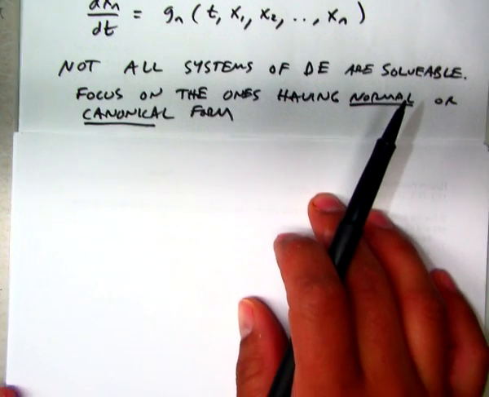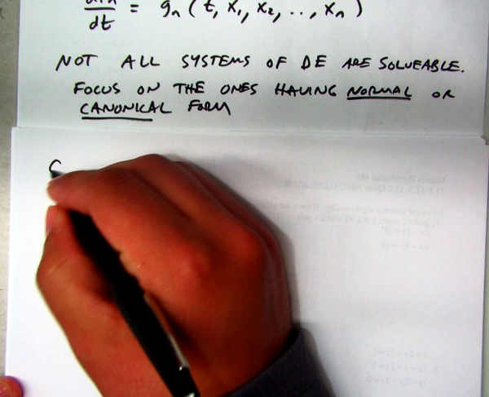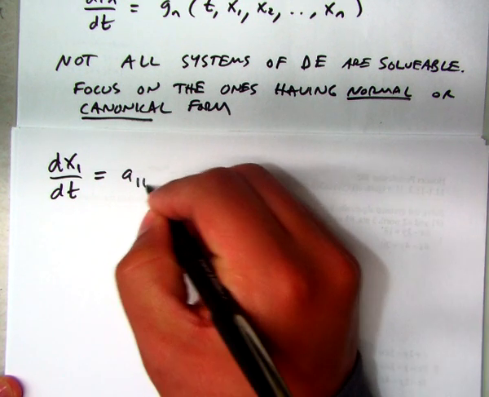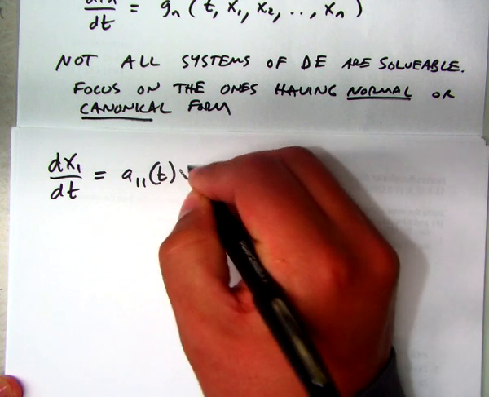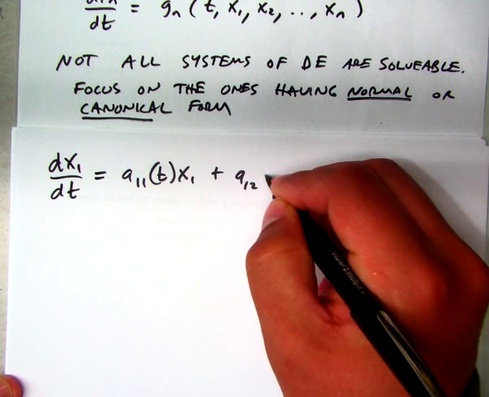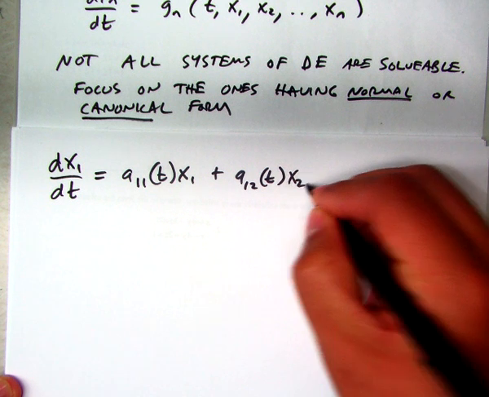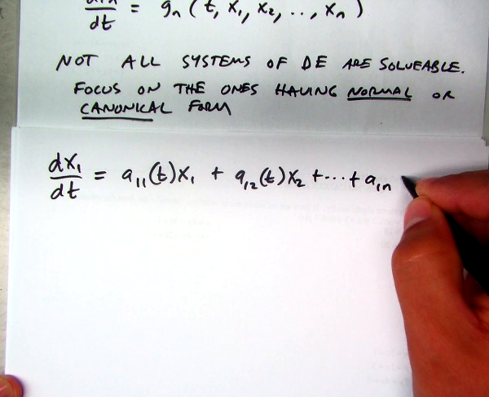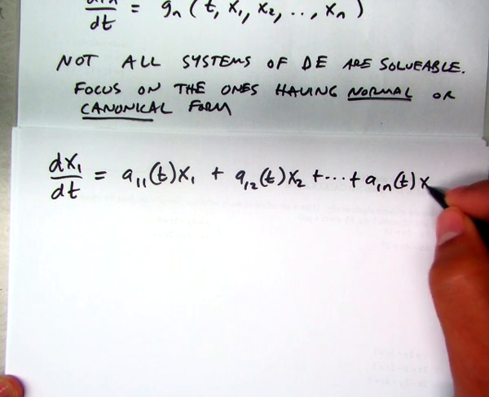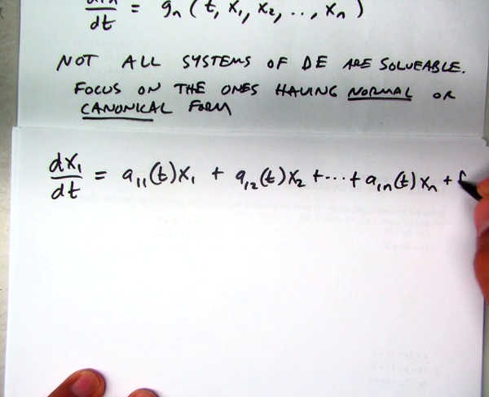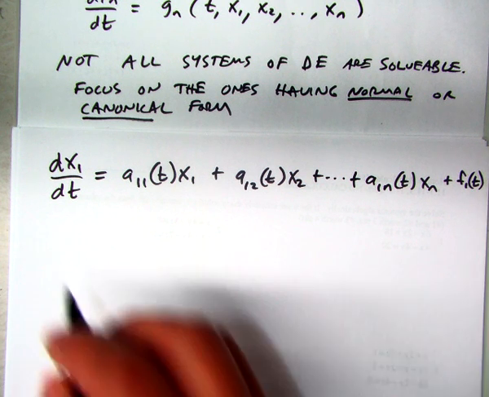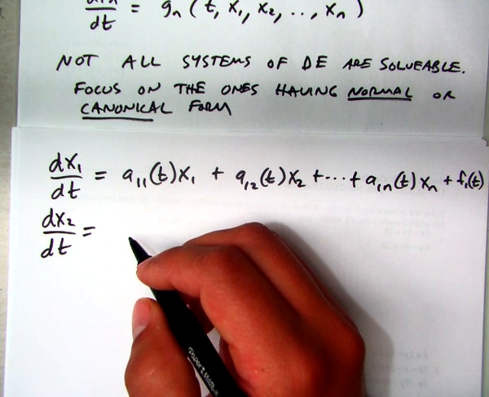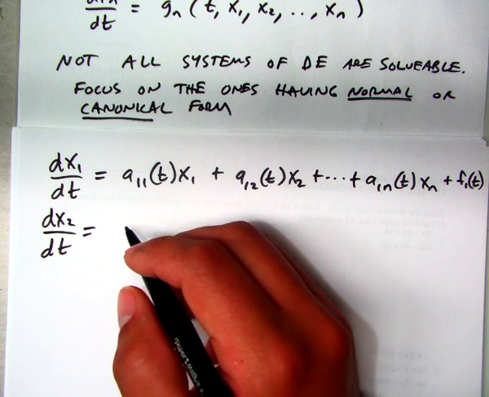When you actually write it all out, it's going to look something like this. dx1/dt equals a11 of t times x1 plus a12 of t times x2, and so on, plus a1n of t times x sub n plus f1 of t. And then the following equation would be dx2/dt, and we're going to use the same kind of notation.